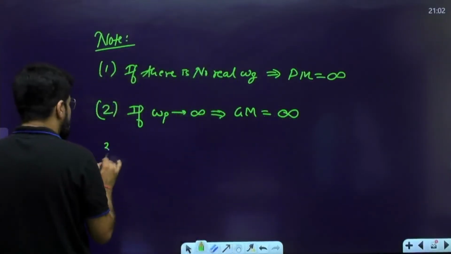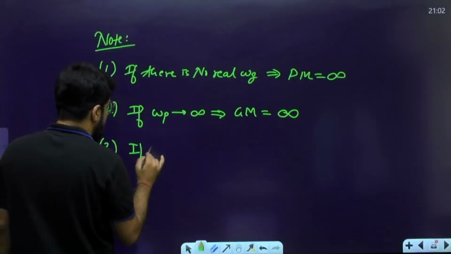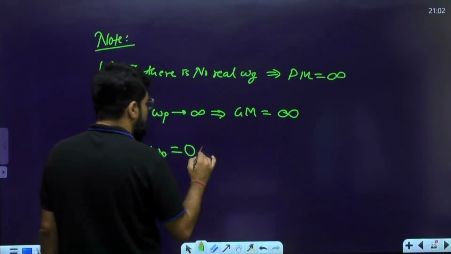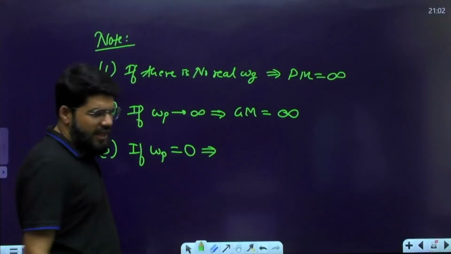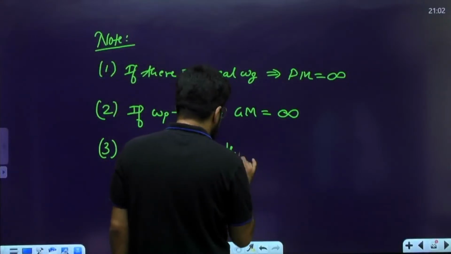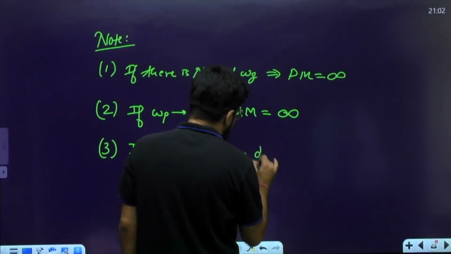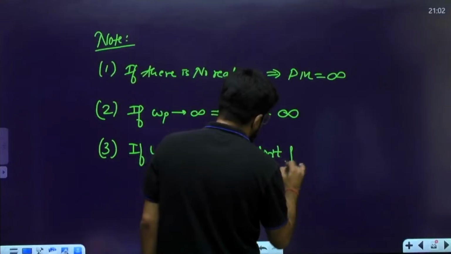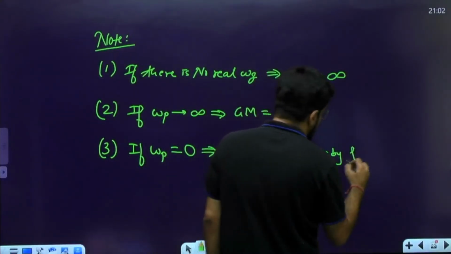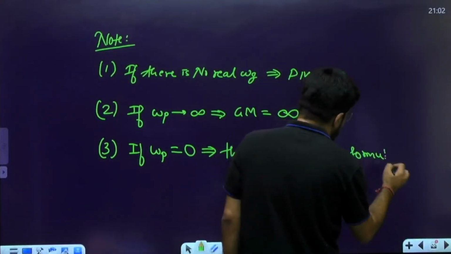Third, if omega p is 0, then this is an exception case. Don't find the gain margin by formula. The formula fails here.